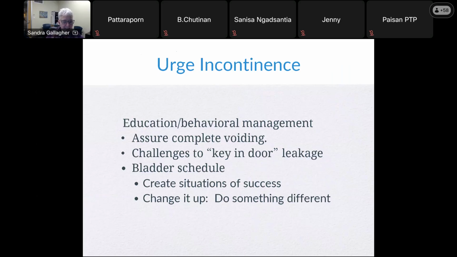Coming back to this challenge of key and door leakage. So key and door leakage is sometimes described as a neurotag. Your brain and nervous system has figured out that when you get home from work or school and you put the key in the door, or you bend over to untie your shoes, the next thing you're going to do is empty your bladder.